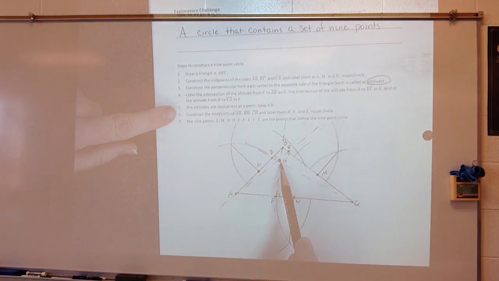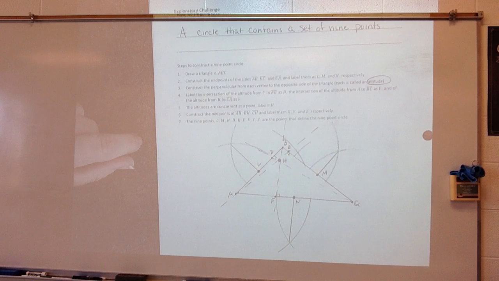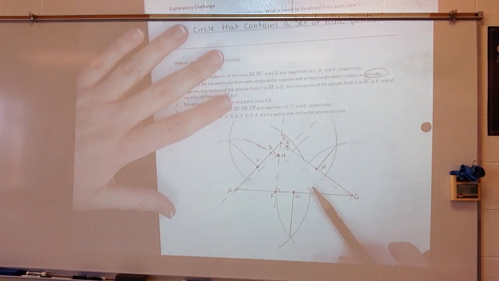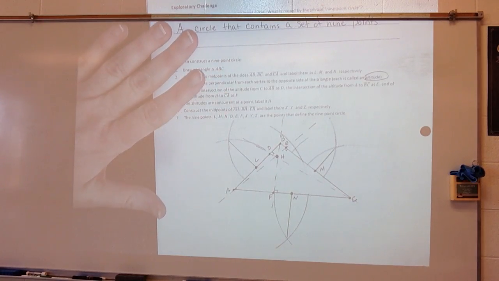Alright, so we said the altitudes are concurrent. Remember, we learned what the word concurrent means. They come together at a point. Alright, so it says construct the midpoints of AH, BH, and CH, and label them X, Y, and Z. We've constructed midpoints already.